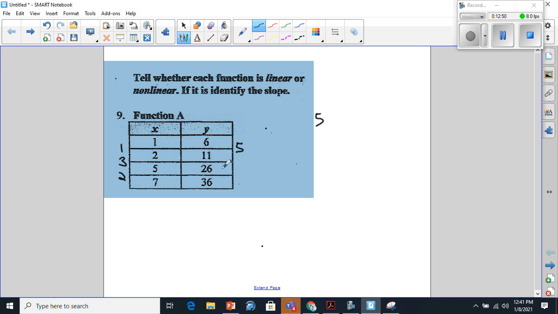But the difference from 11 to 26 is going to be different than 5. Let's see. From 11 to 26, that's going to be a difference of 15. Well, now I have to take the 3 on the other side and divide that. 15 divided by 3 is also going to give me 5.